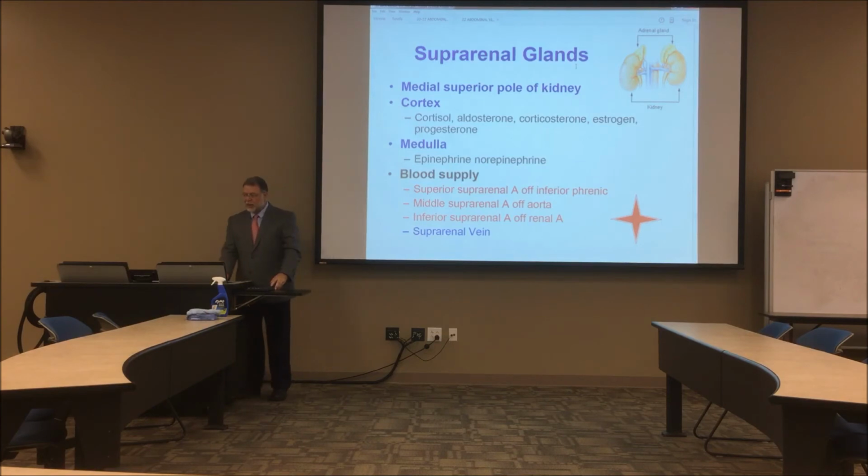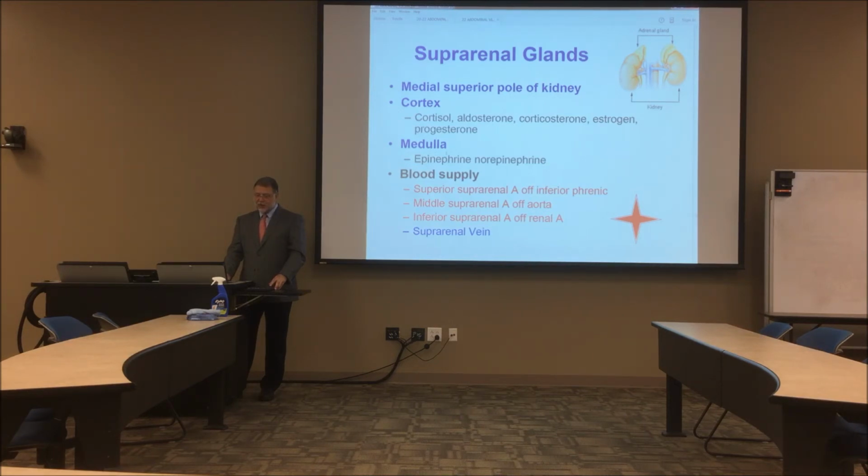The suprarenal glands, as the name goes, are placed above the kidneys. They produce some very important hormones such as cortisol, aldosterone, corticosterone, estrogens, progesterone. All of these are produced from the cortical region.